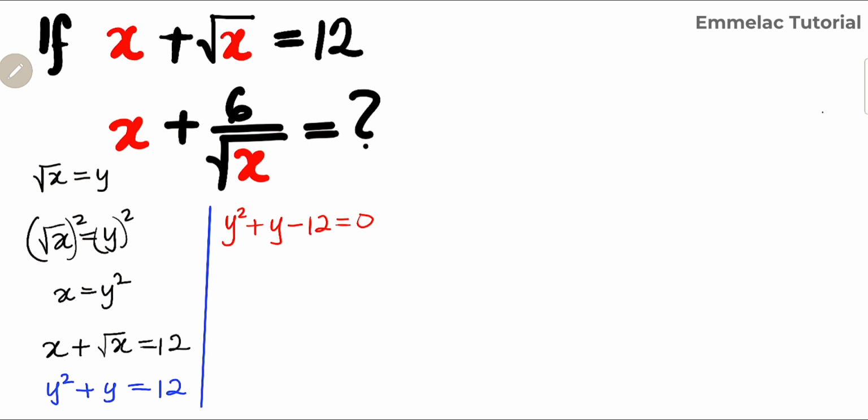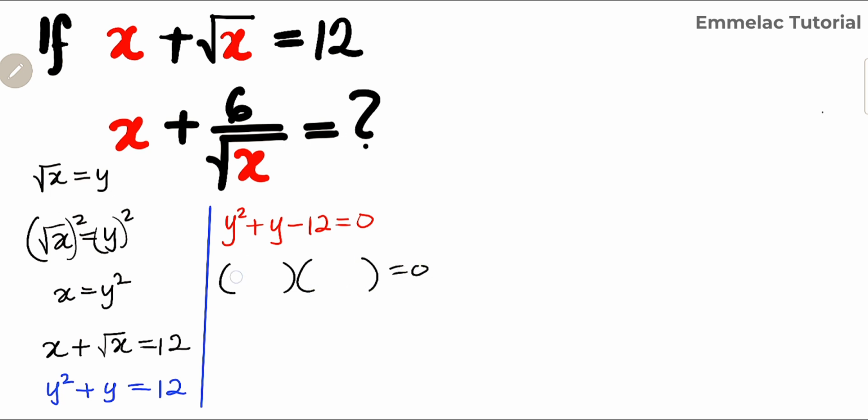If you look very well, those two numbers are 4 and negative 3. Why? Because 4 times negative 3 gives us negative 12, and 4 plus negative 3 gives us 1. So all you need to do here is open and close two brackets.